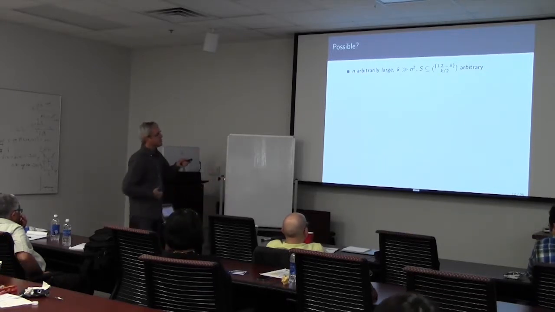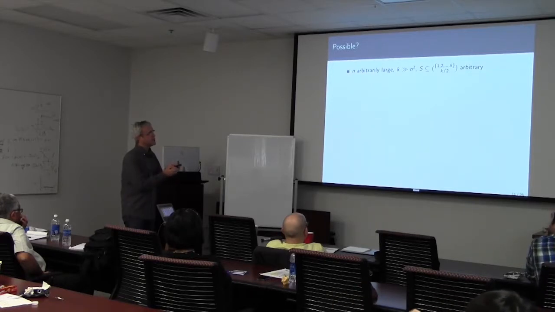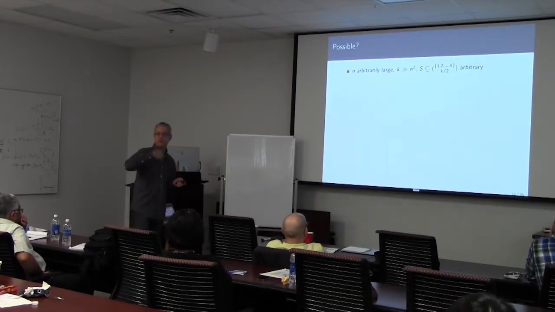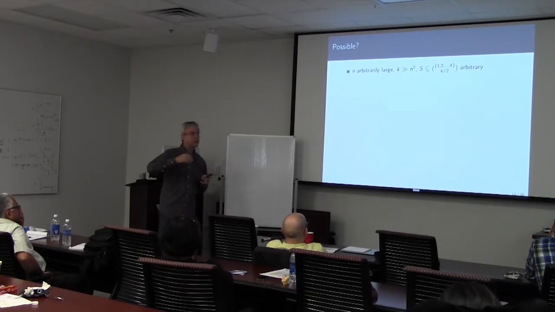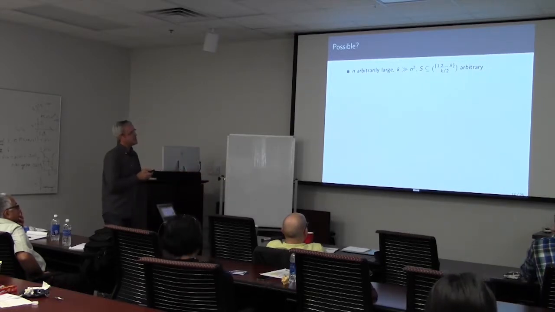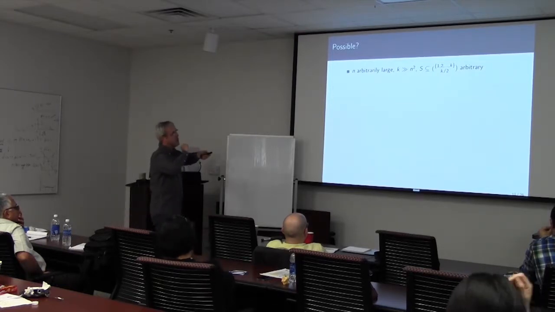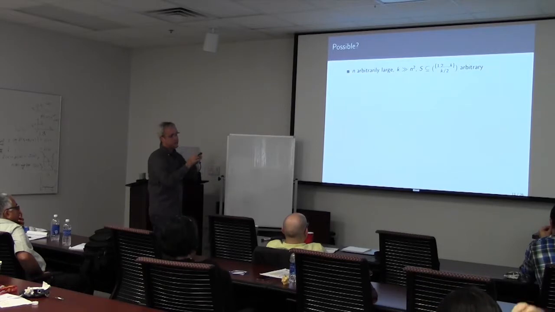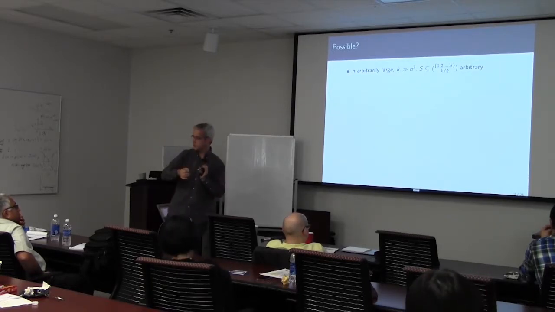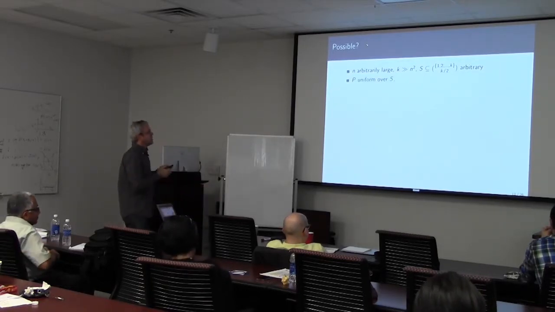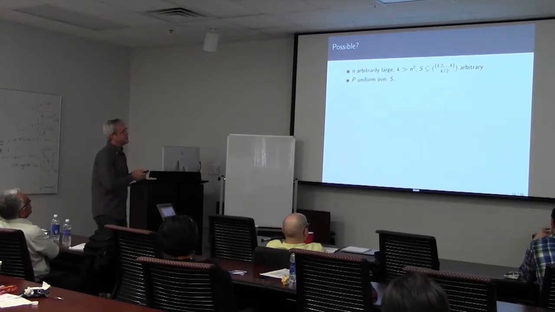So imagine that you have a distribution over alphabet size k, which is much bigger than the square of n. And let S be some arbitrary subset of this. So you have an alphabet of size k, and let S be an arbitrary subset of size k over 2. And let P be uniform over S.